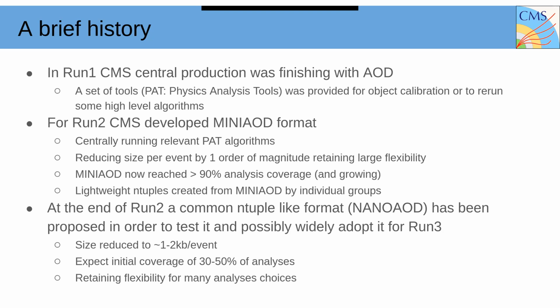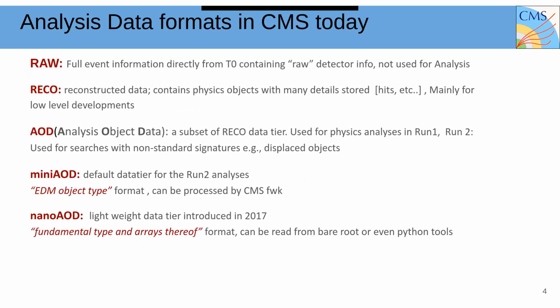You get a slightly different point in your efficiency versus background rejection, but the idea is that they're not so different in the end. In fact, they're not different at all when you compare the final outcome of the analysis. And so we try to make some of those choices, at least the ones that are good enough and are common, that are shared by many analyses. And by doing so, we could reduce a bit the size.